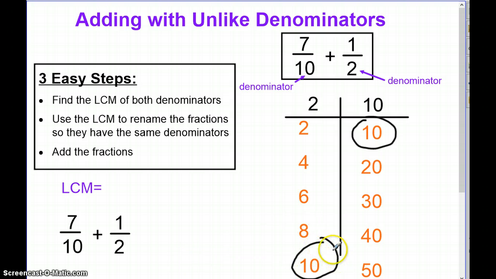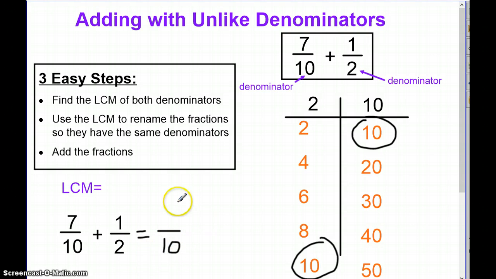So we're going to use the LCM to rename the fractions so that they both have the same denominator. What we're going to do is take 1/2 and turn it into an equivalent fraction with tenths in the denominator, okay? So who remembers how to do that? How do we make an equivalent fraction with 10 as the denominator? Well, we use our golden rule.